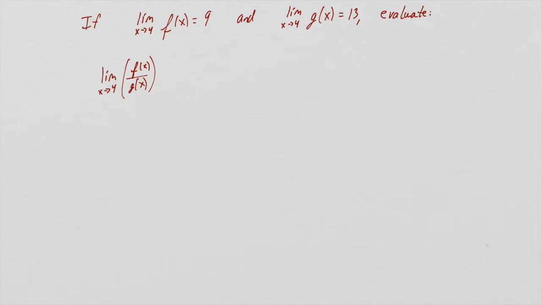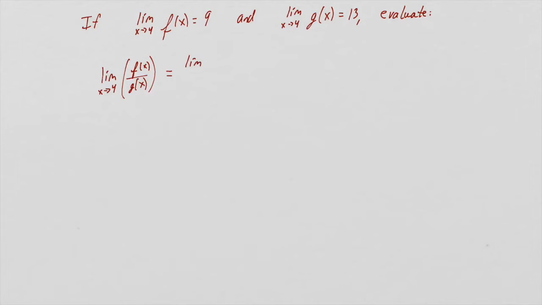And the last one of these four operation ones: addition, subtraction, multiplication, and now division. If the limit as x approaches 4 of f of x equals 9, and the limit as x approaches 4 of g of x equals 13, evaluate the limit as x approaches 4 of f of x divided by g of x. This is the same sort of thing.